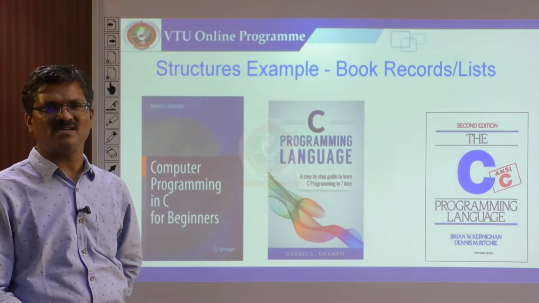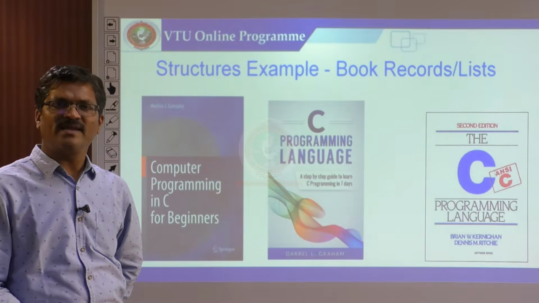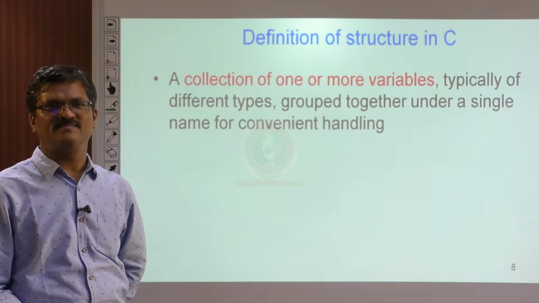Like this, different data types. So, structures are the solution to represent a book record.